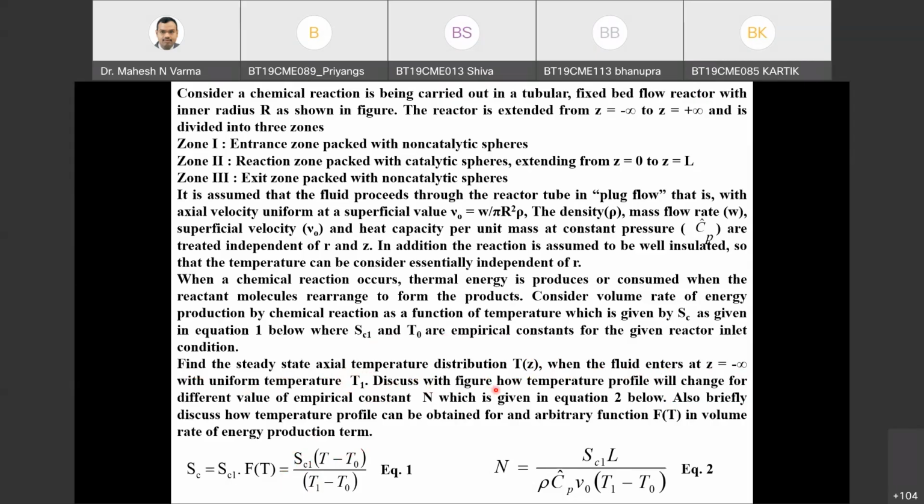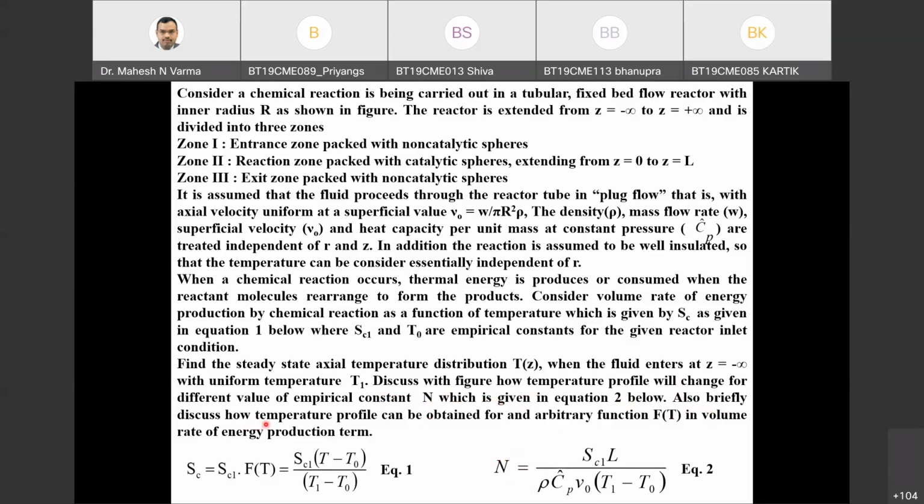Discuss with a figure how the temperature profile will change for different values of the empirical constant n, which is given in equation 2 below. How this different value of n will change the nature of the temperature profile, that we need to discuss.